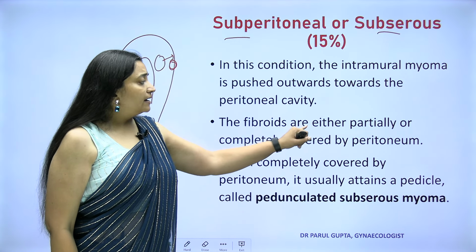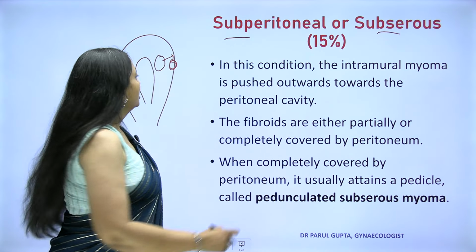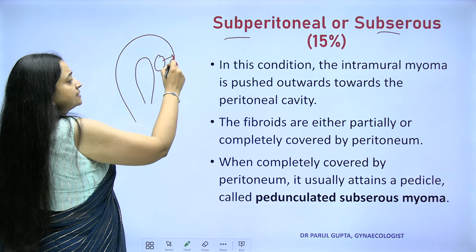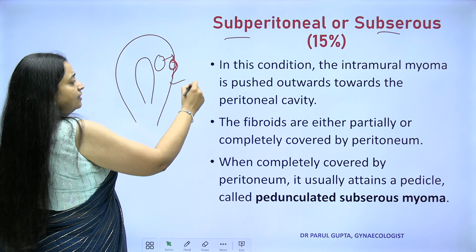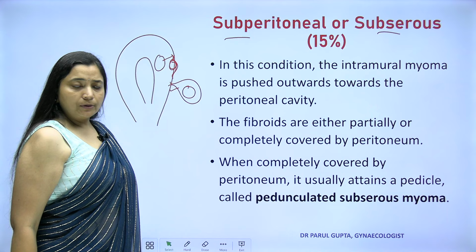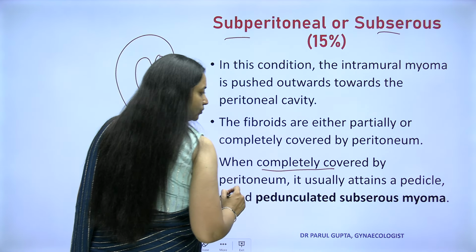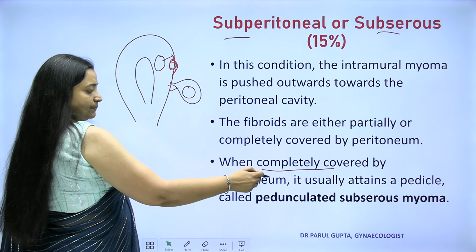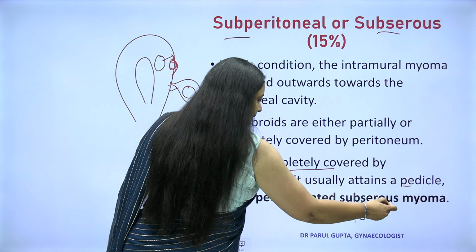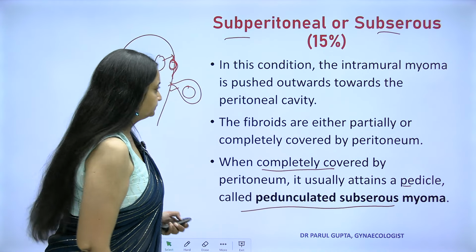The fibroids are either partially or completely covered by the peritoneum. If partially covered, then it is still subserosal, and if completely covered, it has become pedunculated. When completely covered by the peritoneum, it usually attains a pedicle and is called a pedunculated subserous myoma.